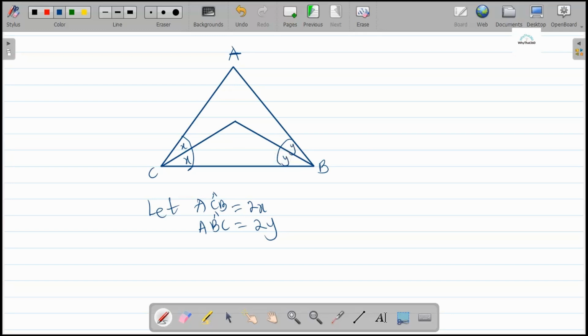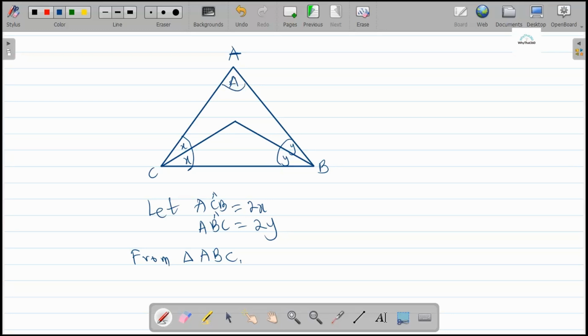So looking at this here, from triangle ABC, we are going to consider the bigger triangle. We know that when we sum all the angles up, let me just say this angle is A, or you can choose any variable.